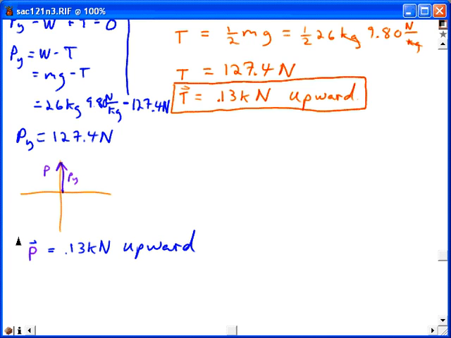I'm going to round it to 2 sig figs, what I was starting to say before.